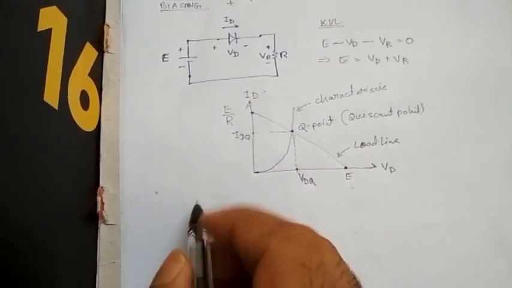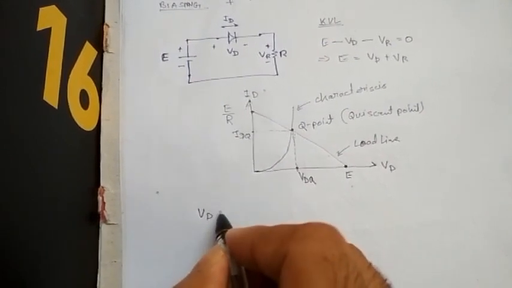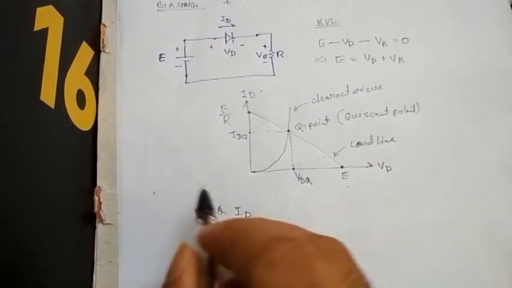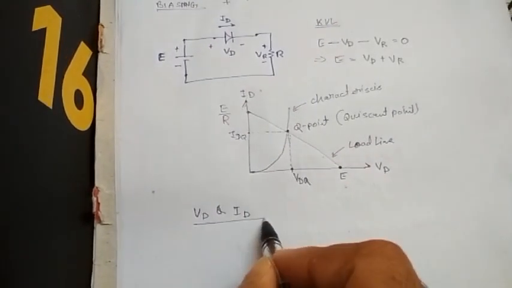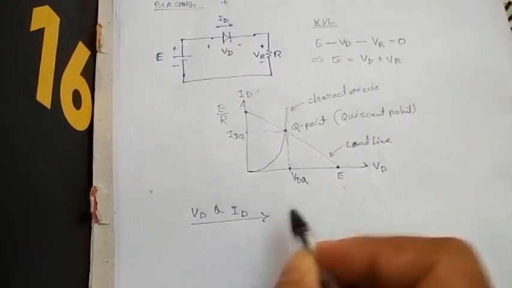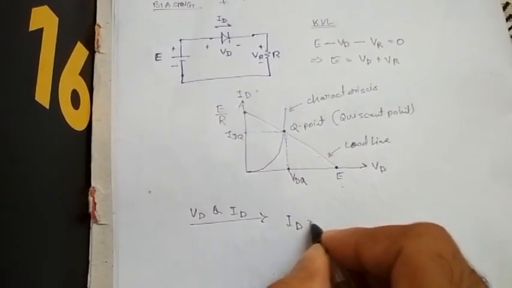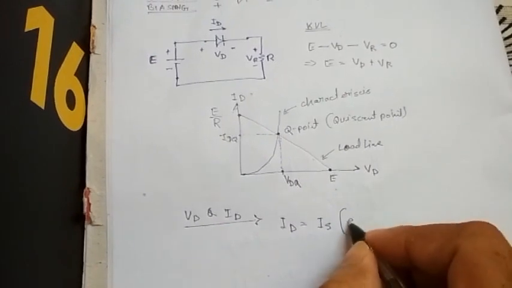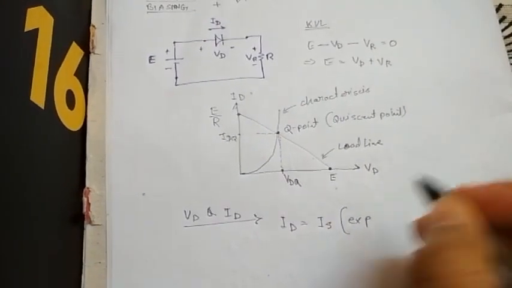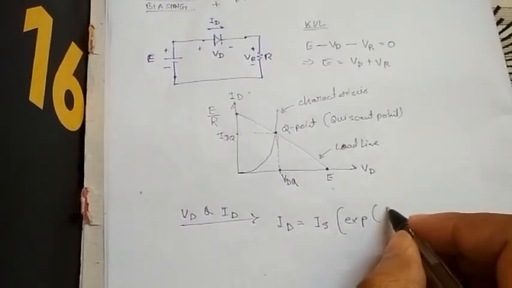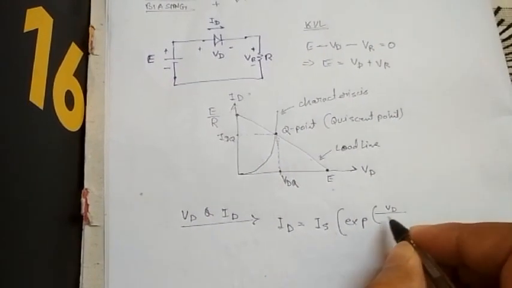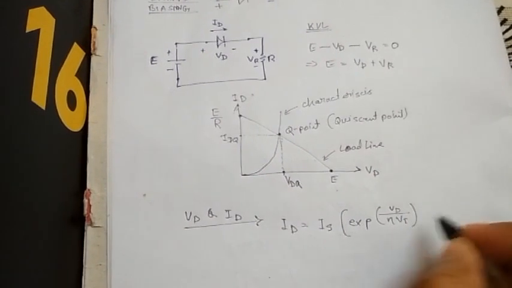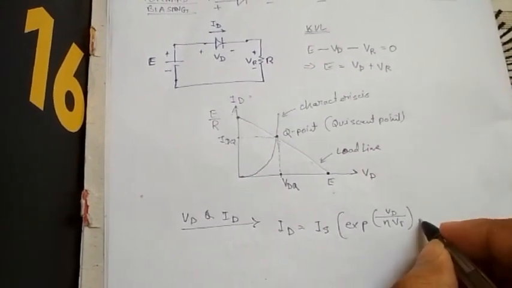Now the theoretical relationship between the voltage VD and ID, the current flowing through the diode, is given as this: ID equals Is times exponential to the power VD by nu VT, minus 1.